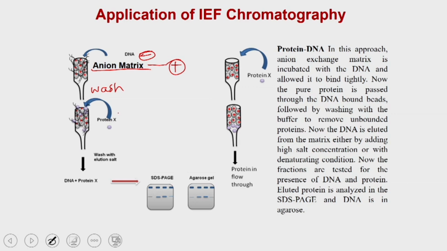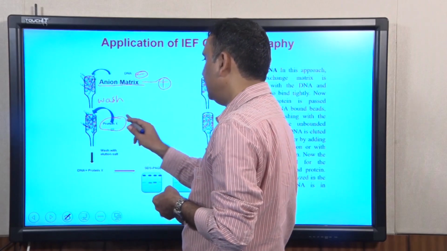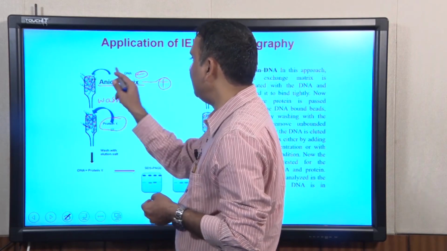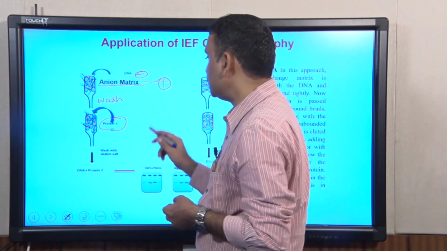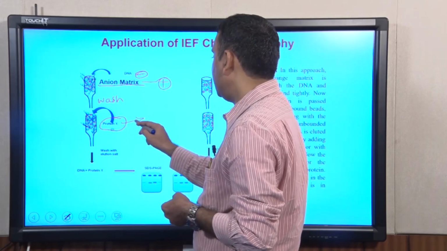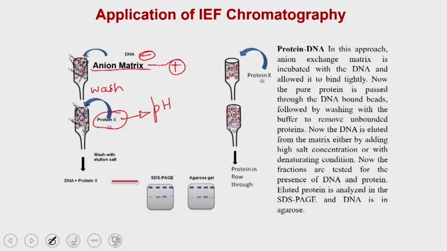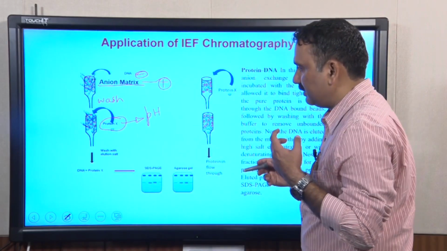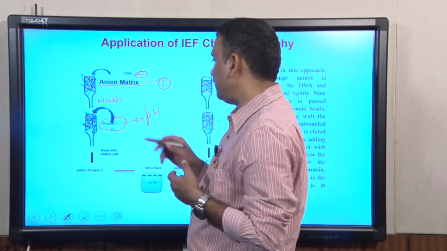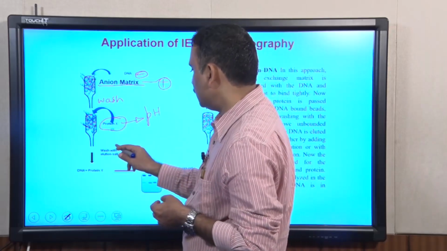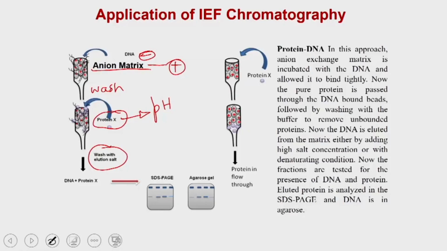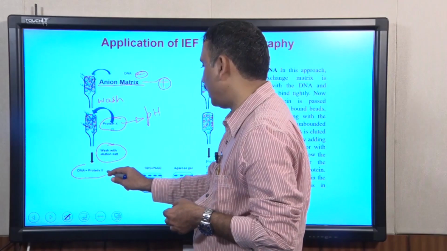If this protein interacts with the DNA, it is going to bind the DNA instead of the matrix, because this protein should not have affinity for the anion matrix at this pH. You can actually optimize the pH in such a way that the protein will not bind the anion matrix. Now you can elute this whole complex with the help of a salt. When you do so, the DNA and protein complexes will be removed.